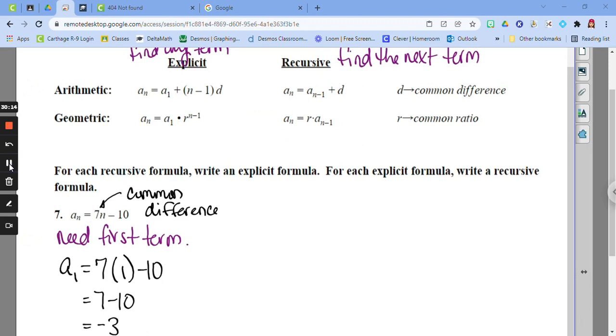So the first term is -3. We get to each term by adding 7. So to go to the explicit formula, all you have to do is find the first term. Everything else you need is there. Because that common difference in a linear is that rate of change there. Okay.